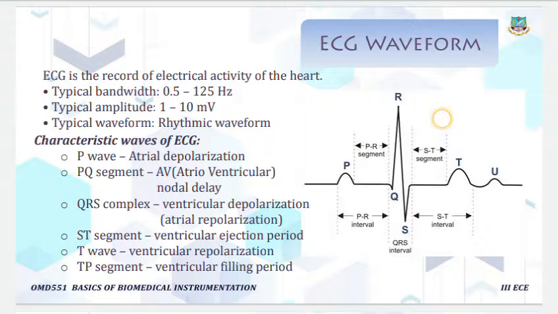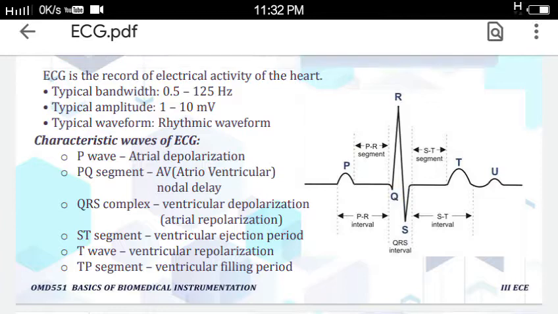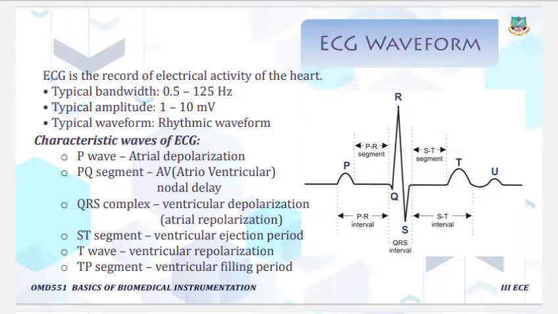And the typical waveform is a rhythmic waveform. This figure shows the ECG waveform: P, Q, R, S, T and U. These are the waves: P wave, Q, R, S wave, T and U wave. So this P wave, what is the P wave?